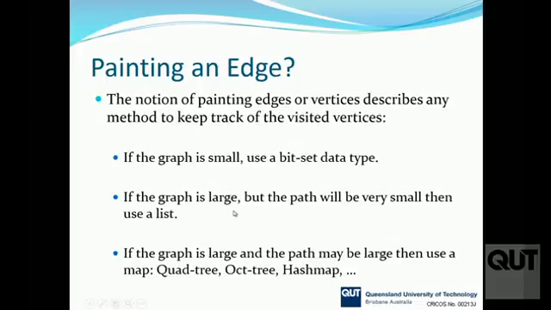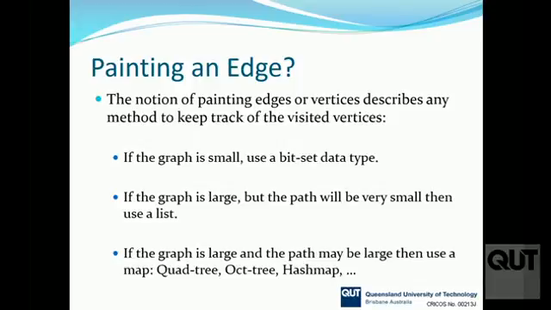If the graph is something really large, but the path will be very small, so you might have a huge search space, but you're only looking for pathways that are sort of local, then you could just use a list. So a list would be an easy way to keep a colouring of your nodes.